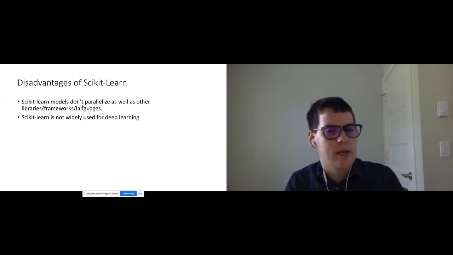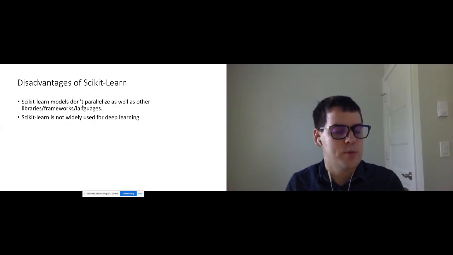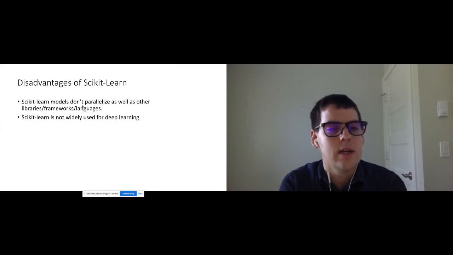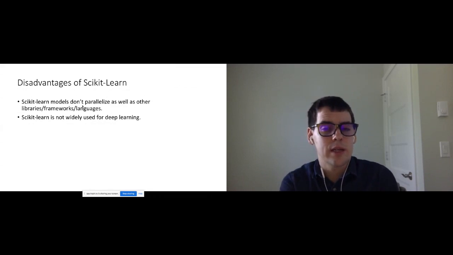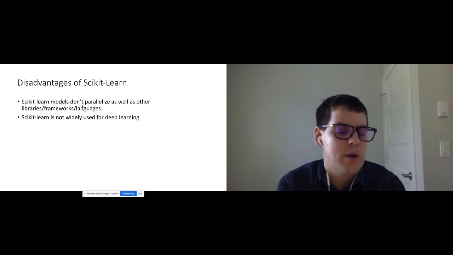You can bootstrap your data and then grow a tree. Scikit-Learn is just not built for that as much. You can do a little bit of it by changing an nJobs parameter, but it's not really that fantastic. Scikit-Learn is also not widely used for deep learning. There are a couple of feed-forward neural networks in Scikit-Learn, but for the most part, you're better off using other tools and frameworks.